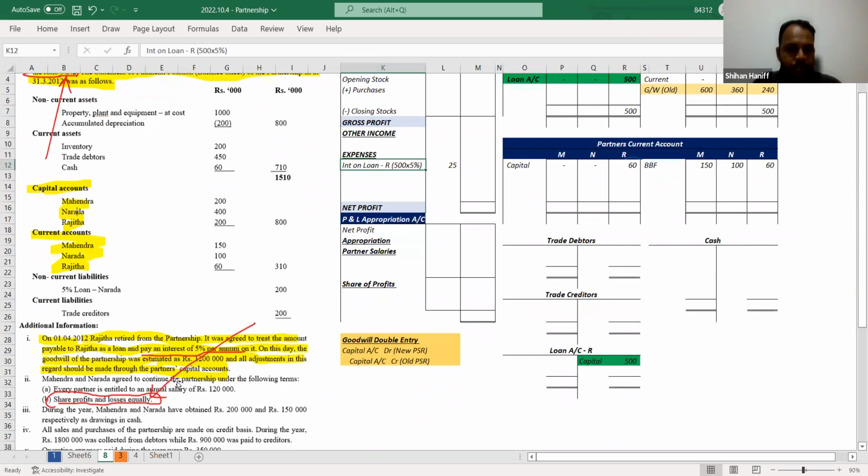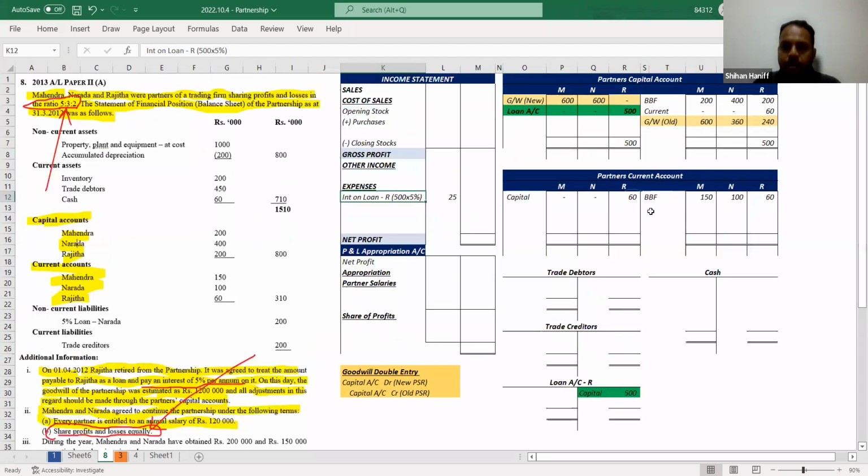Next, Mahendra and Narada agree to continue the partnership under the following terms. Every partner is entitled to an annual salary of 120. So let's accrue the salary, partner salaries.